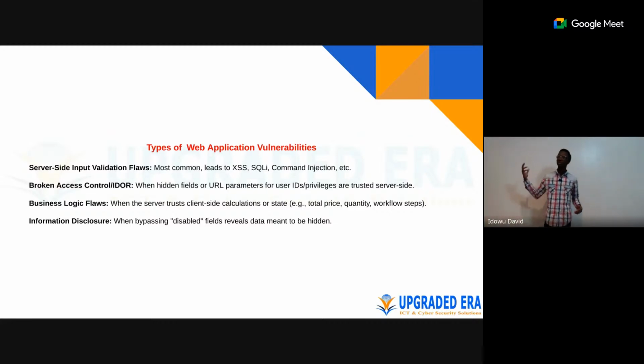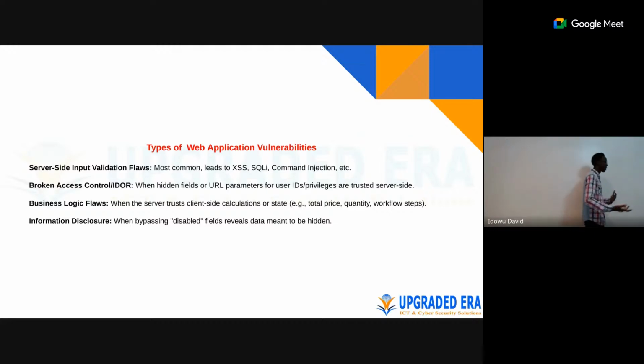This is when the server trusts client-side calculations or states. For example, let's say you're on a website and you're able to buy something that's supposed to cost, let's say, 5,000 naira, and you buy it for 5 naira. When you send your request as 5,000 naira, using the tool you work with, you change the parameter from 5,000 naira to 5.